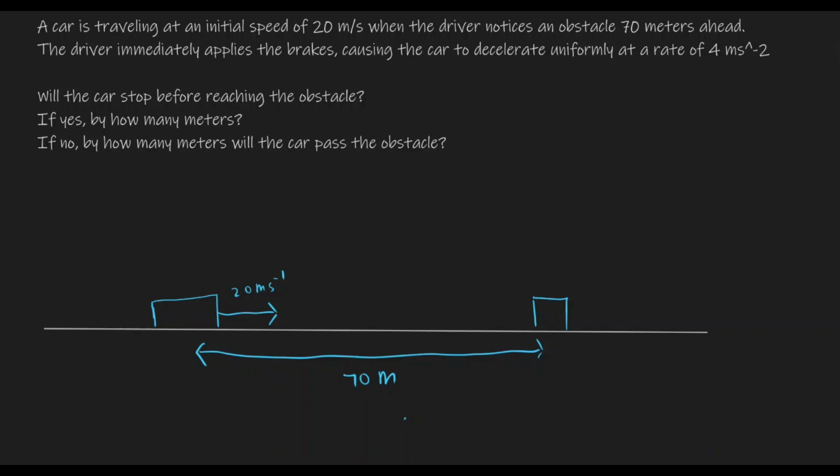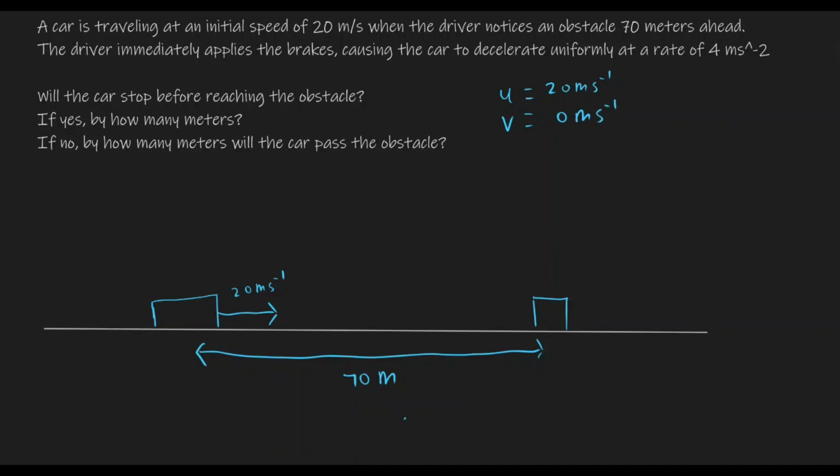So what do we know? We know the initial velocity, u, which is equal to 20 meters per second. We also know the final velocity, v, which is when the car comes to a stop. This will obviously be 0 meters per second.